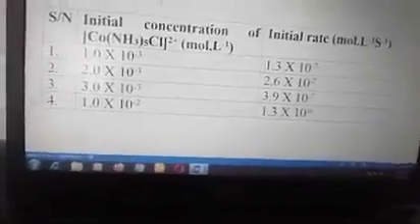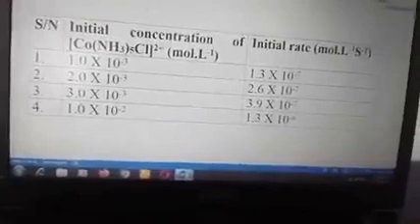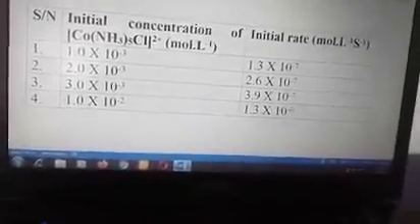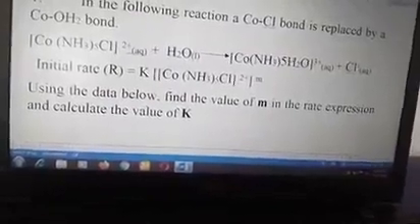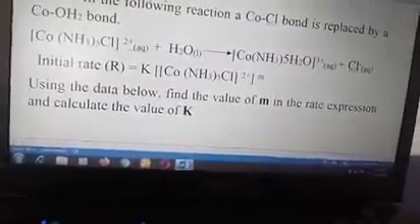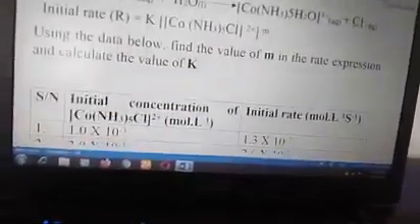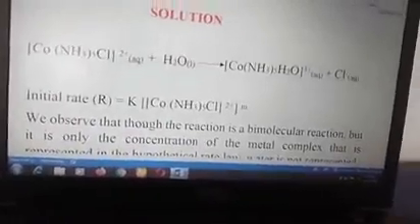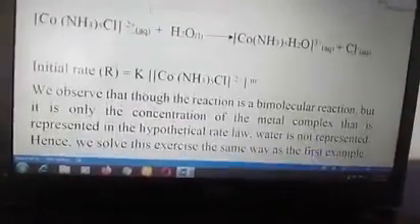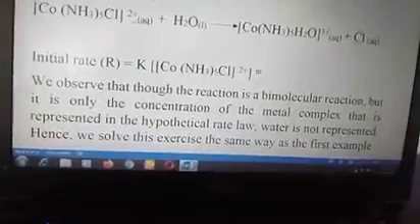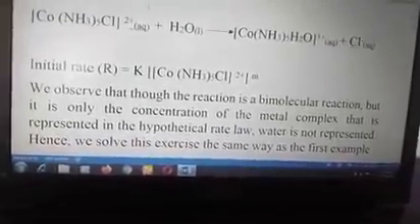We solve it as if we are dealing with a unimolecular reaction, even though this is a bimolecular reaction, because in the rate expression only one term was represented. So look at the solution once more. We have the initial rate given as K times the cobalt complex concentration raised to power m.